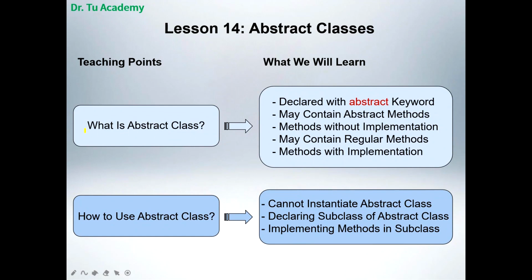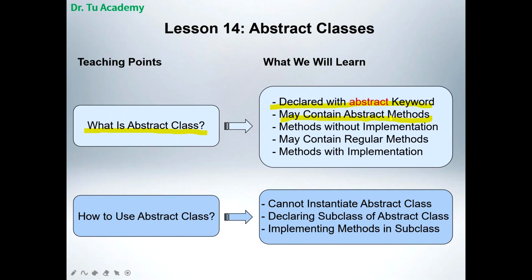So what is abstract class? Well, abstract class is declared with the abstract keyword. We cannot create an object of abstract class, so the abstract class cannot be instantiated. Abstract class may contain abstract methods.